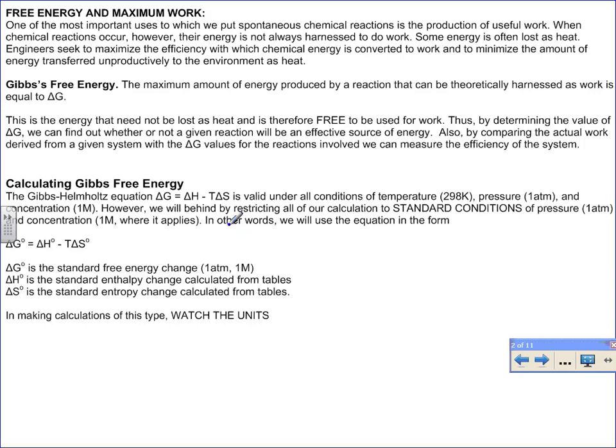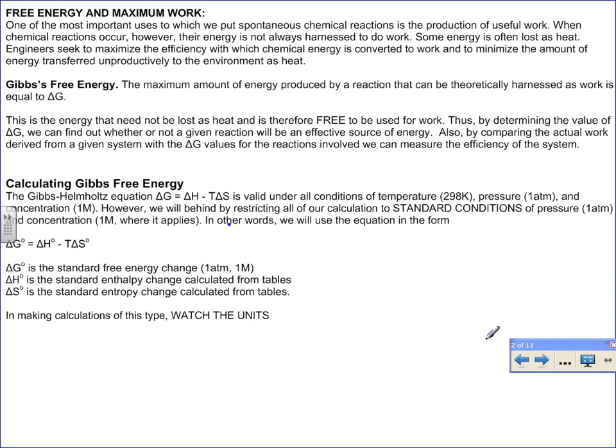And when you calculate delta G naught, we're going to use the delta H naught and the delta S naught from tables.